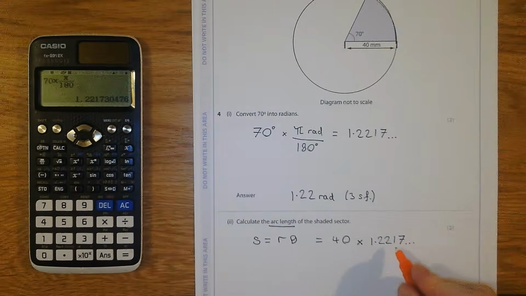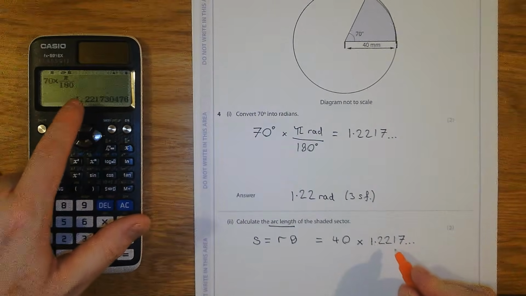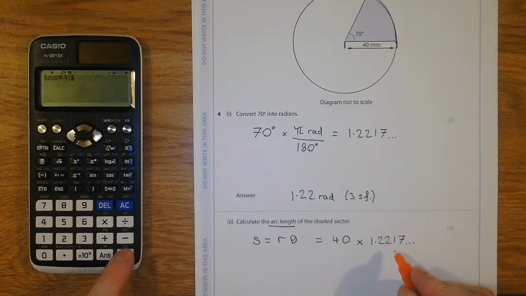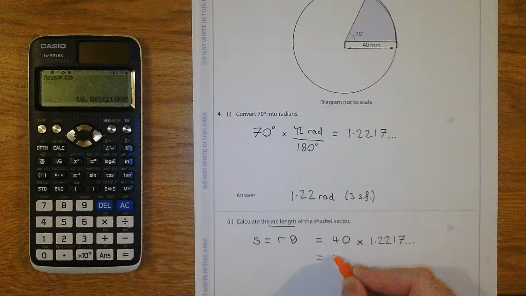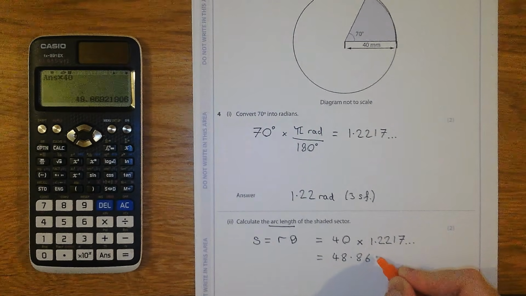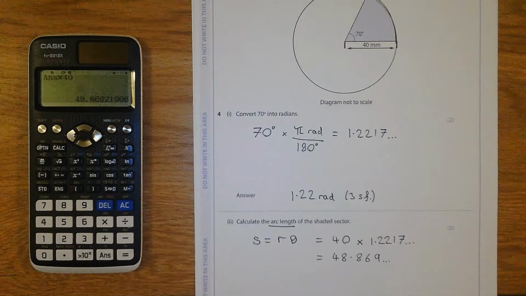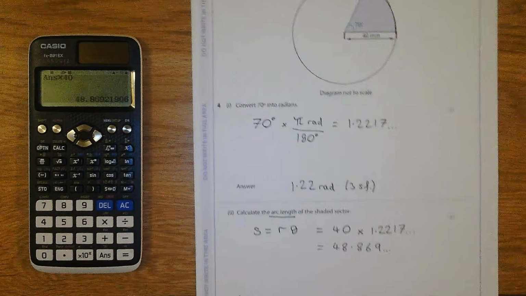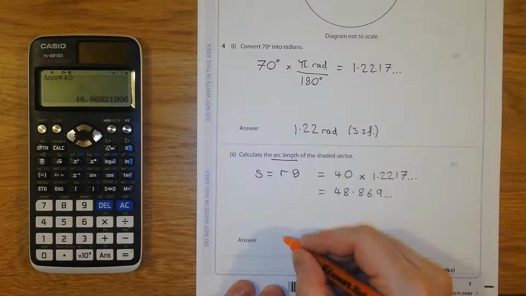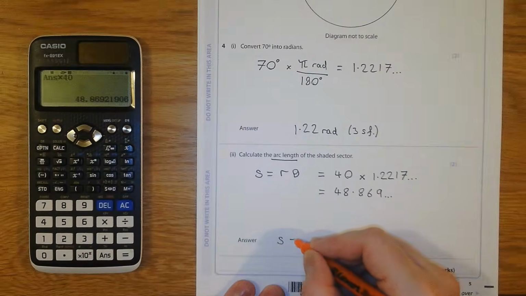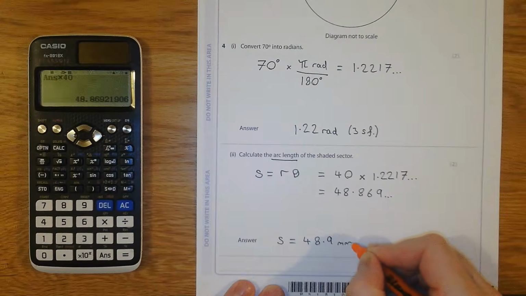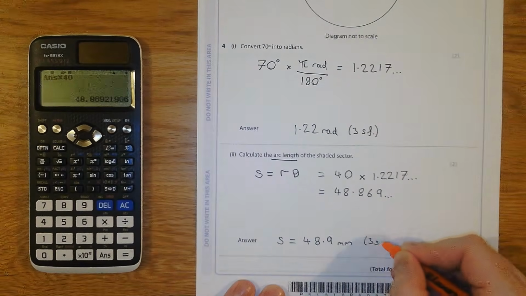I've used the exact value from the calculator. I'm going to times that answer by 40. And that gives me 48.869, etc., which to 3 significant figures I can give as 48.9. S, the arc length, equals 48.9 millimeters to 3 significant figures.